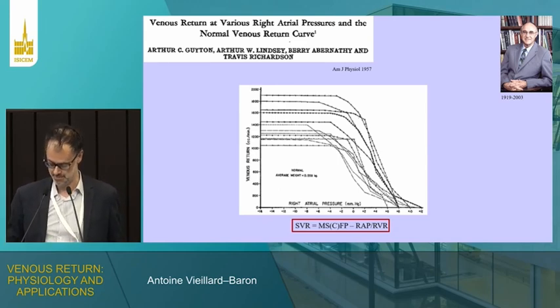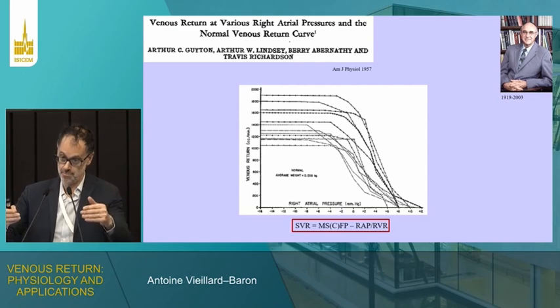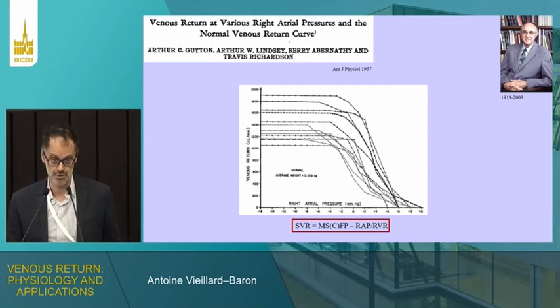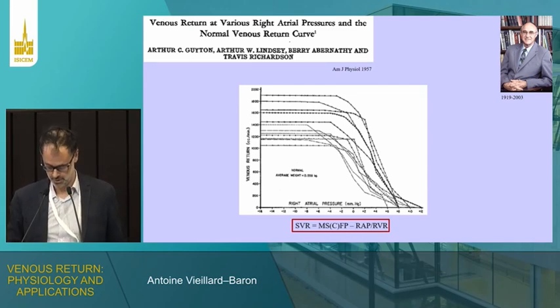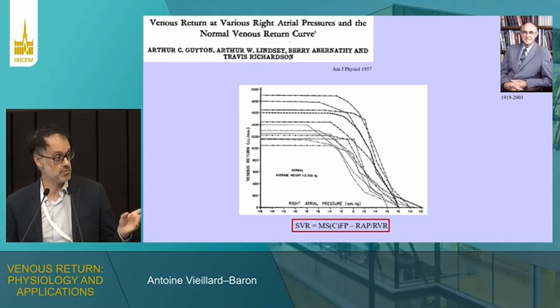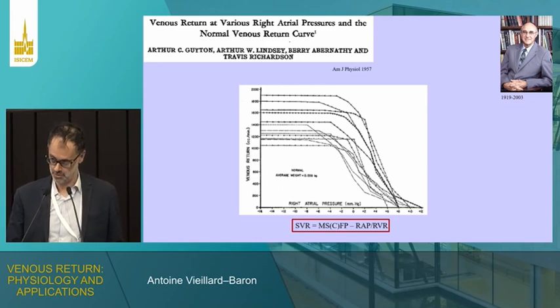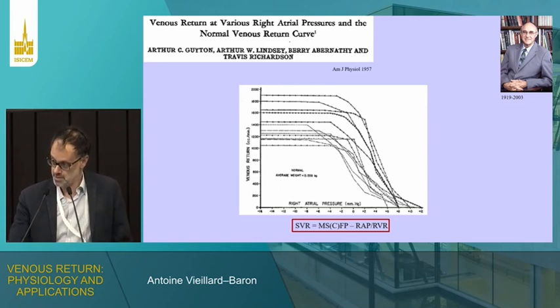This is the mean systemic filling pressure. You have a backward pressure, which is the CVP, so the pressure inside the right heart. And this is the pressure gradient for the venous return. And you divide that by the resistance to venous return. So this is always the same equation, you know, the cardiac output or the systemic venous return equals a pressure gradient divided by the resistance to flow.